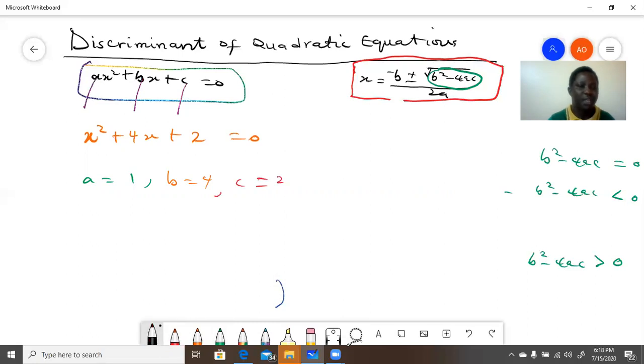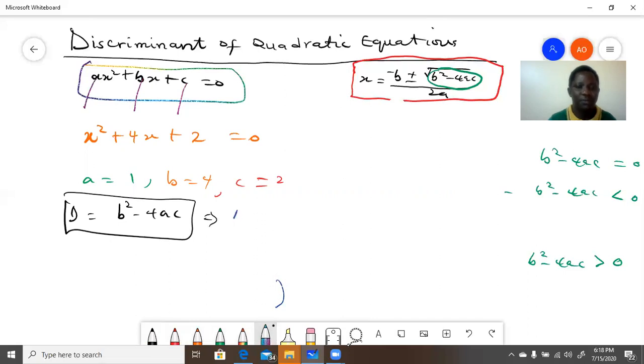So if you want to determine the discriminant, don't forget our discriminant is b squared minus 4ac. That gives us 4 squared minus 4 times 1 times 2.